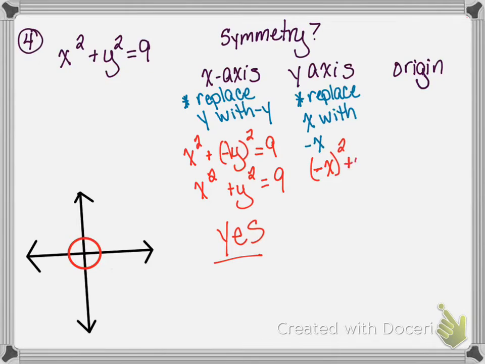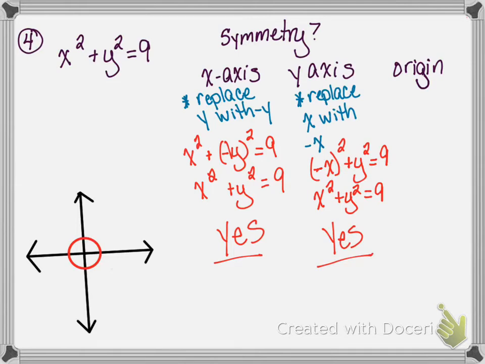Then I have y squared, and then I have 9. So negative x squared is going to be positive x squared. And that gives us back the original problem. So this is symmetrical to the y-axis.